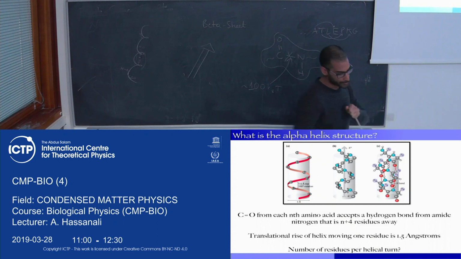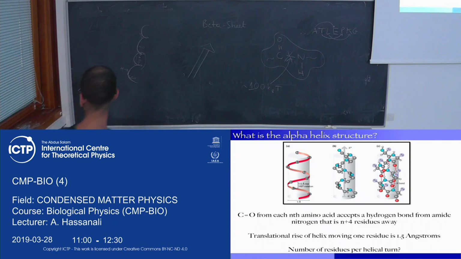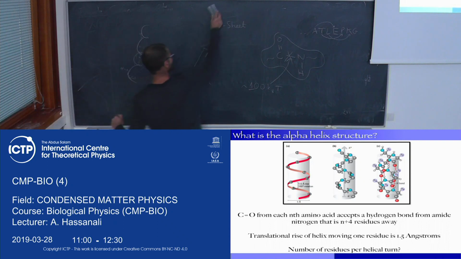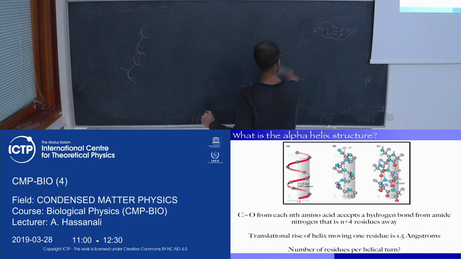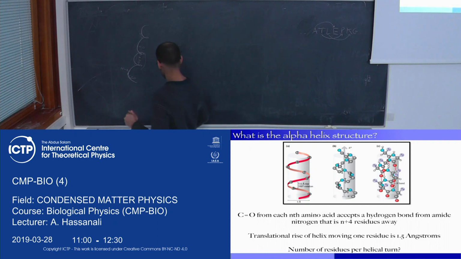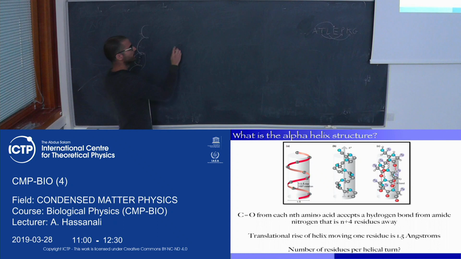So, well, let's think of it. If I take sequences of amino acids, A, K, G, A, K, K, L, okay, so I have 3 sequences of amino acids.